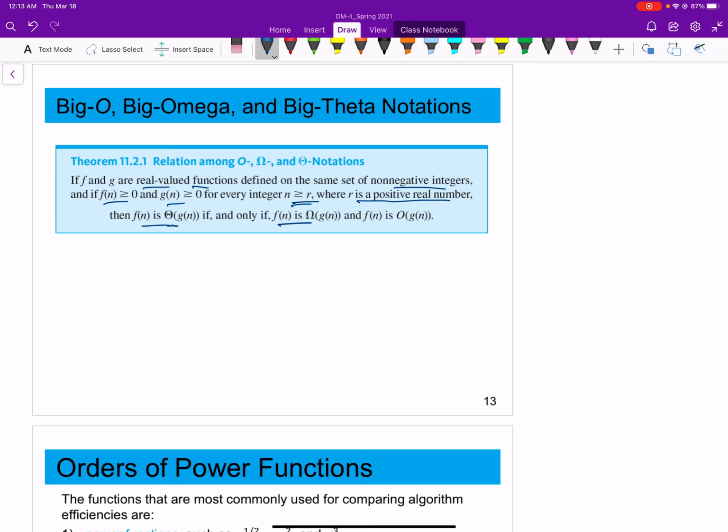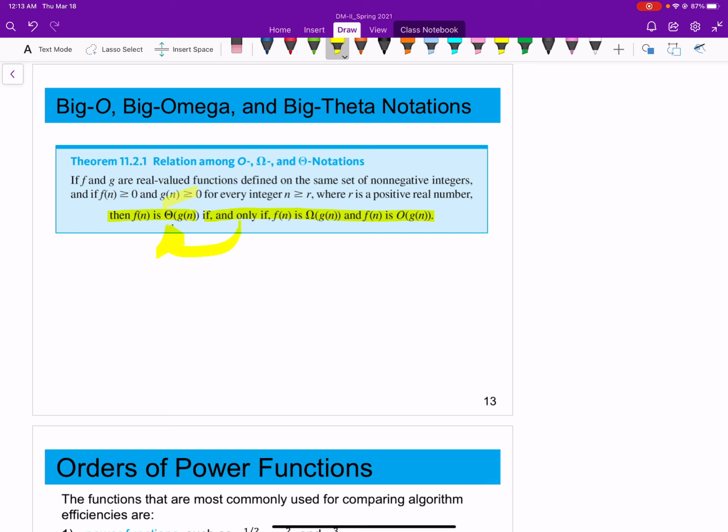This theorem is very easy. We have already learned this theorem. What this says is, if these two conditions happen, that will happen. If and only if means if these two conditions happen, that will happen.